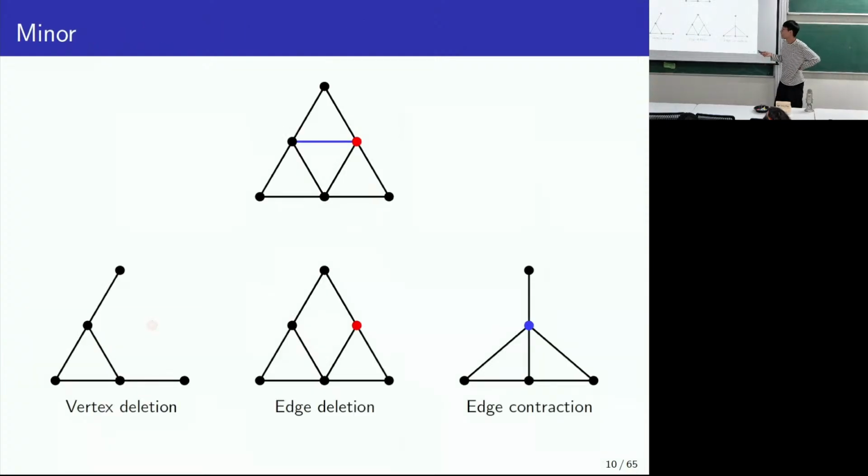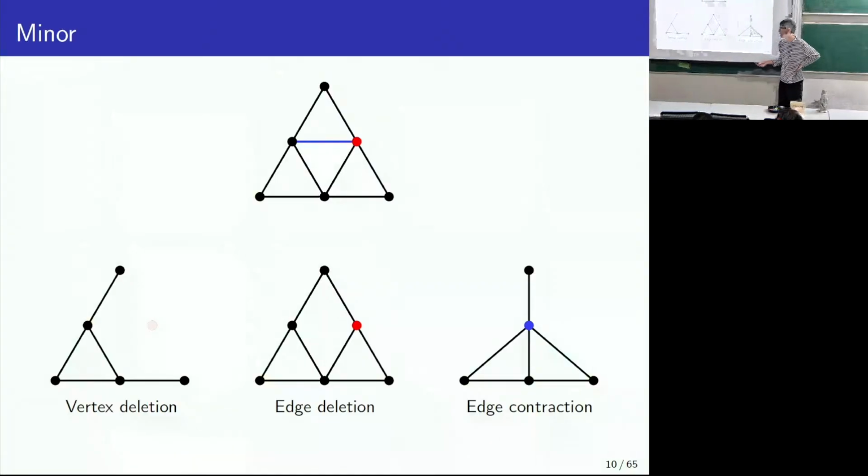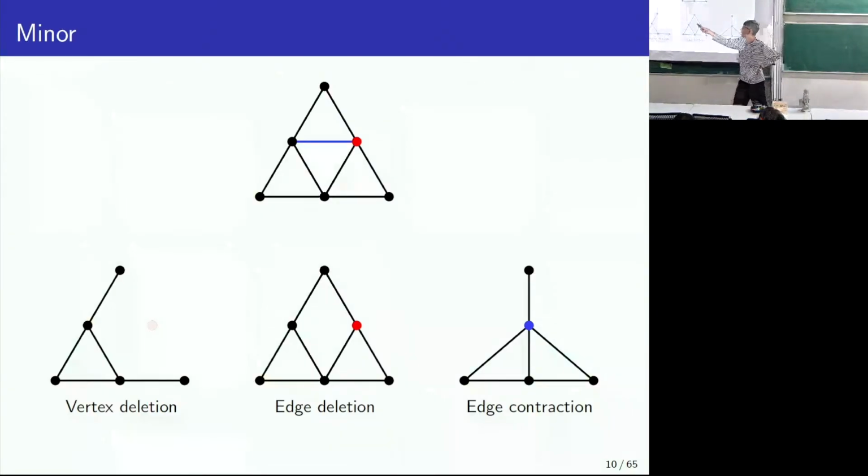In the graph minor operation, we allow three operations. First, vertex deletion. Here we remove this red vertex and delete all the incident edges. Second, edge deletion. Here we can just remove this blue edge. And last, edge contraction, where you can think that we make the length of this blue edge 0, merging the two vertices at both ends.